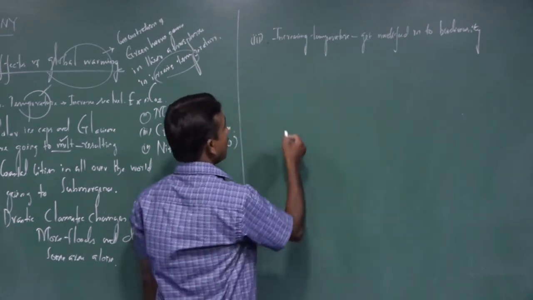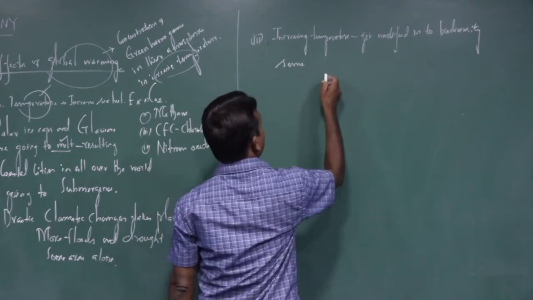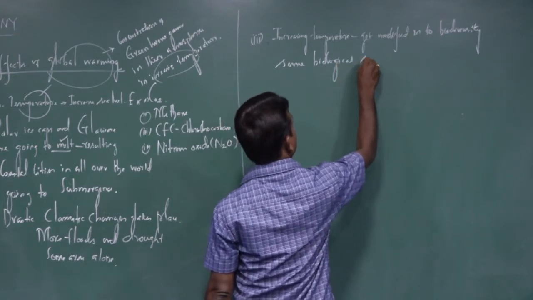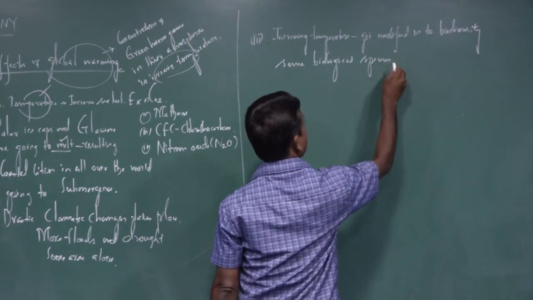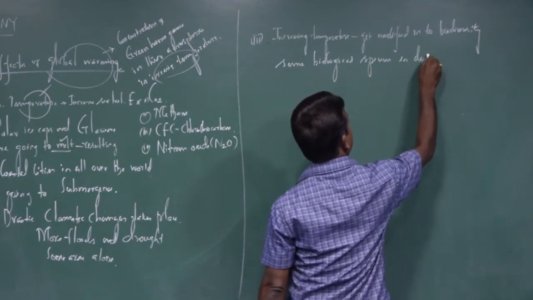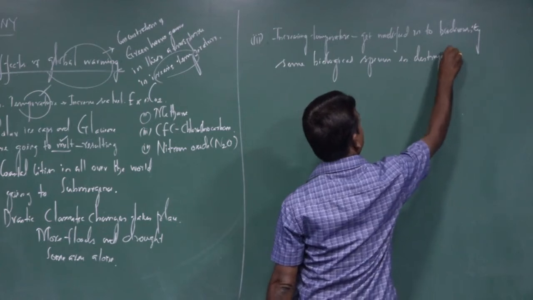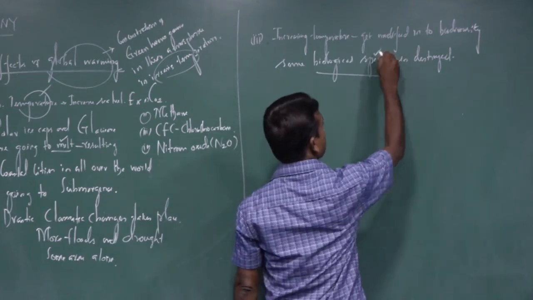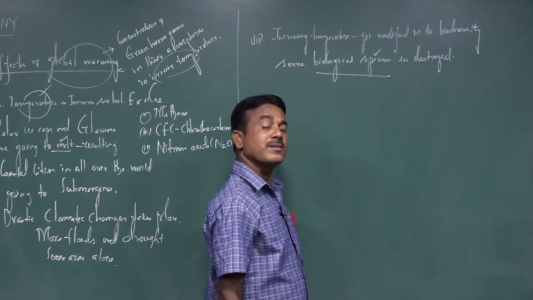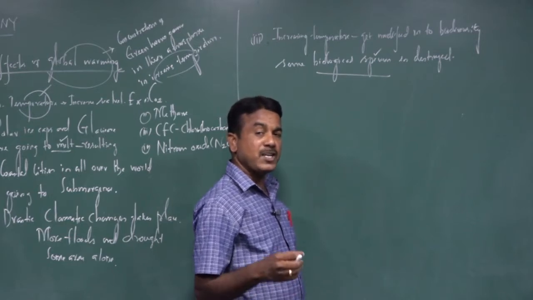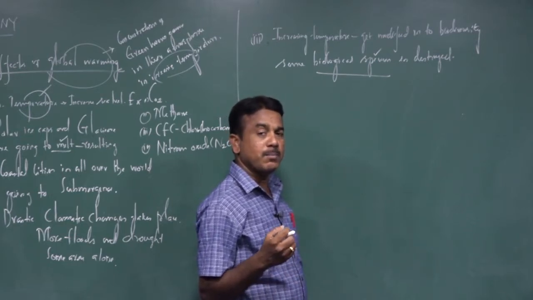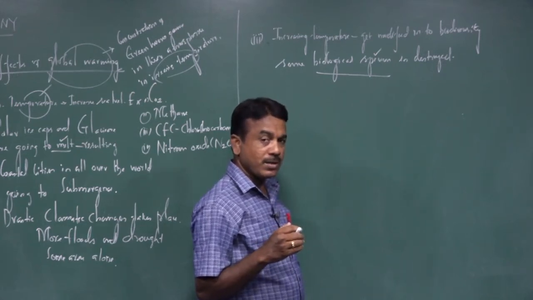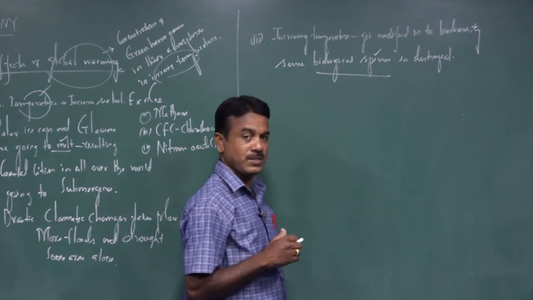As well as that, some biological species are destroyed. Due to temperature, some biological species are going to die, because some plant species require minimum temperature, that is, a temperature available for the survival of such species.